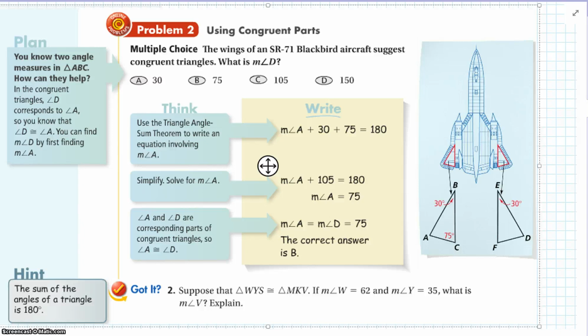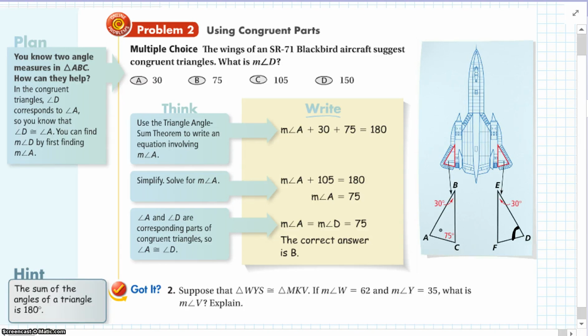So using congruent parts, multiple choice: the wings of an SR-71 Blackbird aircraft suggest congruent triangles. What is the measure of angle D? Well, if they're congruent triangles, there's angle D. It would probably match up with angle A. So C and F are both 75. So the rule about a triangle, the sum of all the interior angles has to be 180.